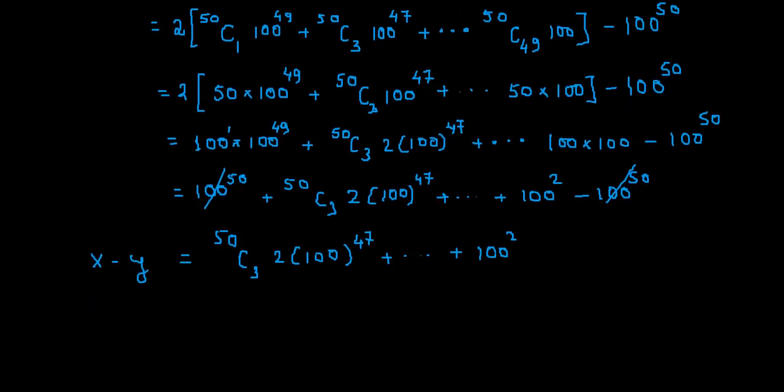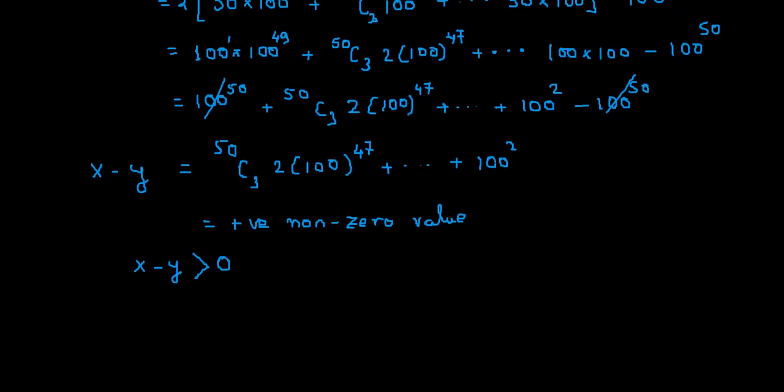What I mean to say is, when we add them up, we are always going to get some positive non-zero value, which suggests that x minus y is always greater than 0. Now if x minus y is greater than 0, then we can transpose the y to the left hand side, which means that x is greater than y.